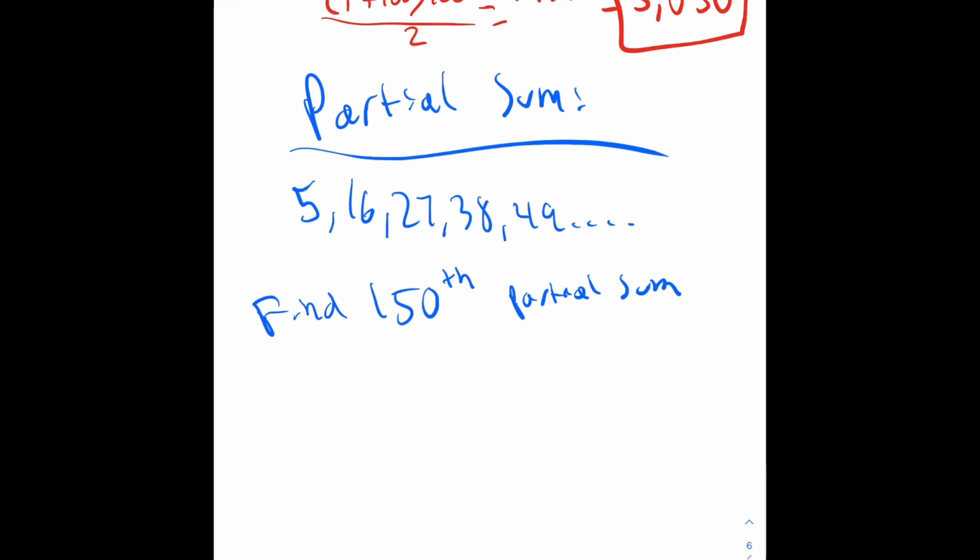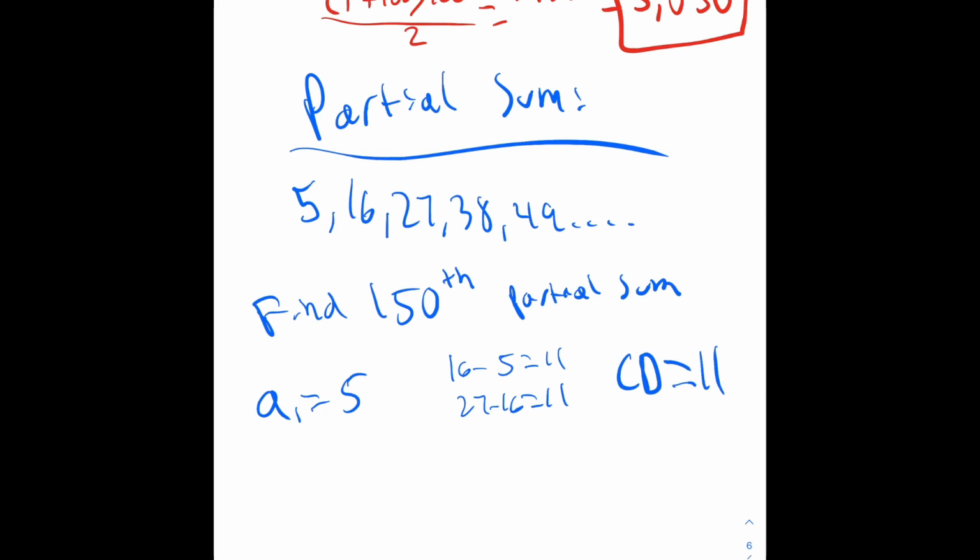Well, we've got to figure out our sequence first. So I know my first term, a1, is 5. And to find my common difference, 16 minus 5 is 11. 27 minus 16 is 11. So I can say that my common difference is 11.